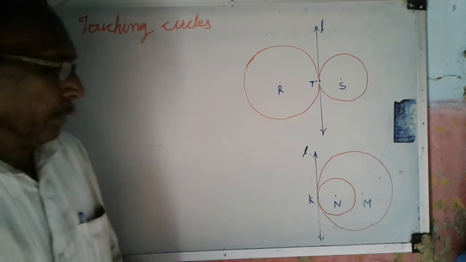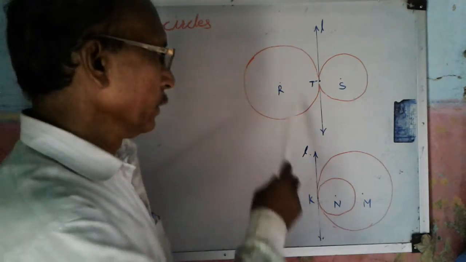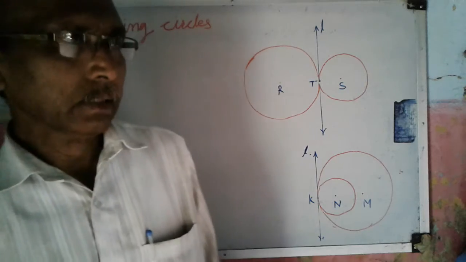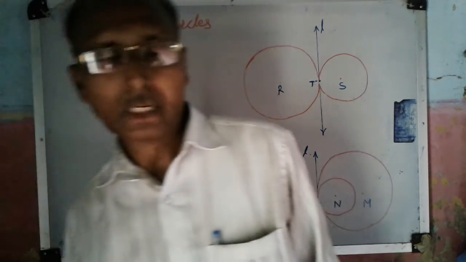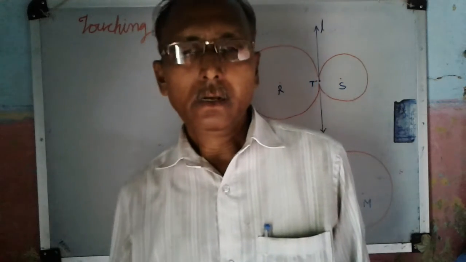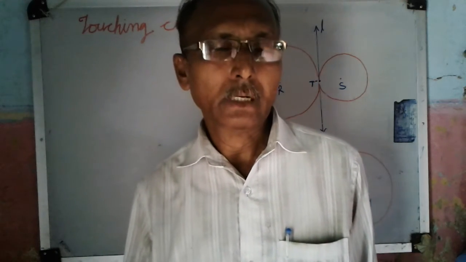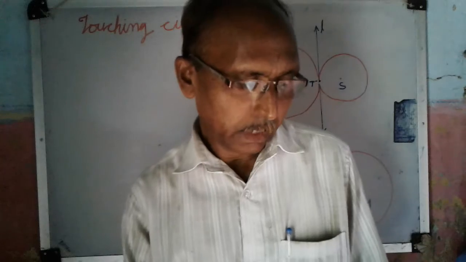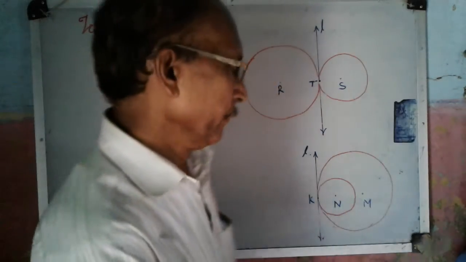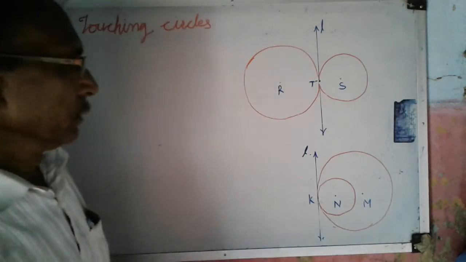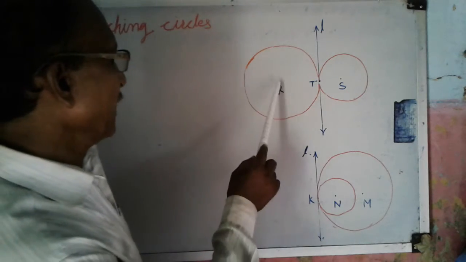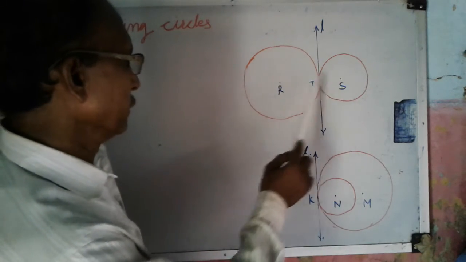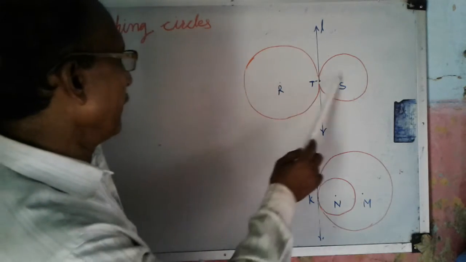Now see here one more important thing: how to find the distance between their centers if the circles are touching. If the circles touch externally each other, then the distance between their centers is equal to the sum of their radii.